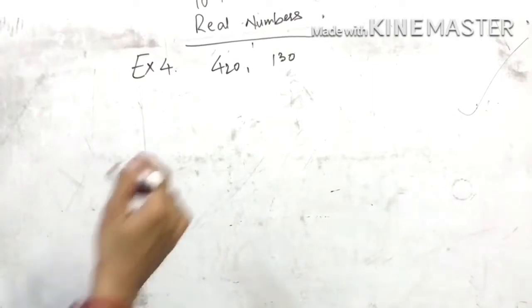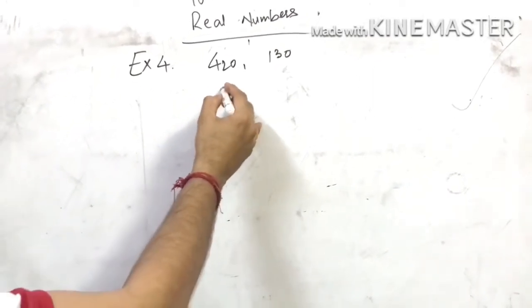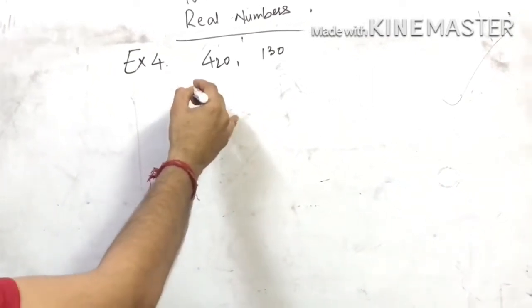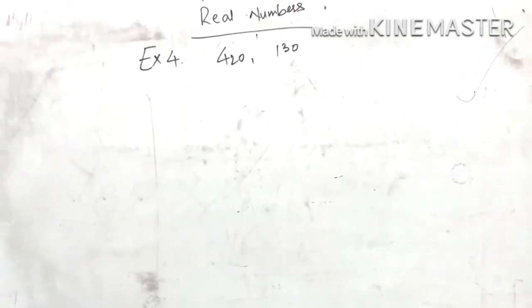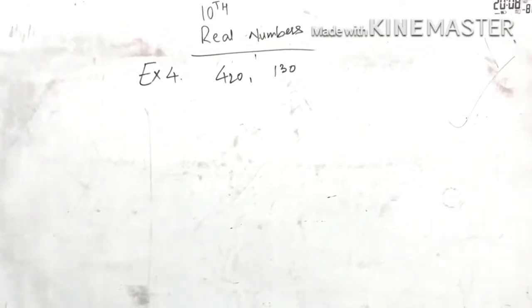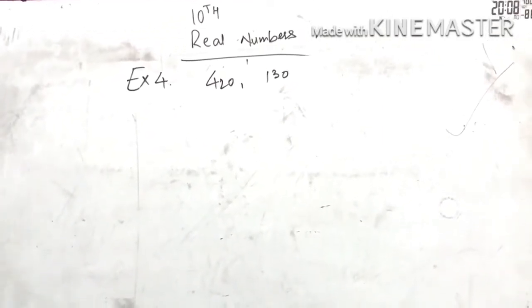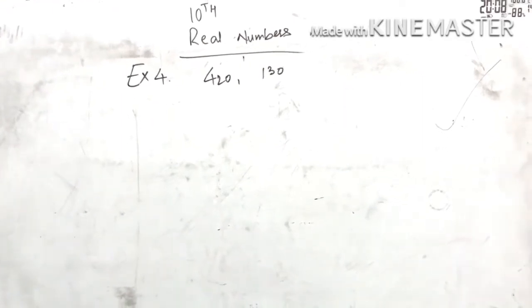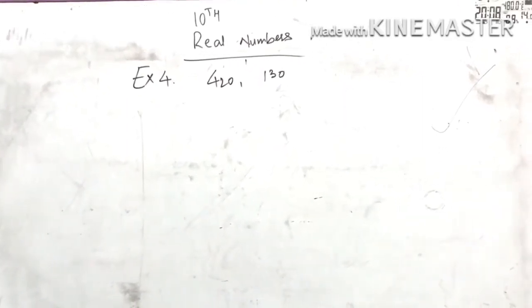So she wants to stack them one above the other, and what is the maximum number of burfis she can arrange in each stack so that the area of the tray used up is the least, because they want the area to be least.